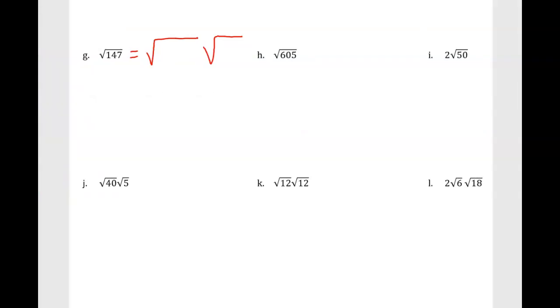I rewrite 147 as 49 and 3. Why do I want to write it as 49 and 3? What's the square root of 49? 7.